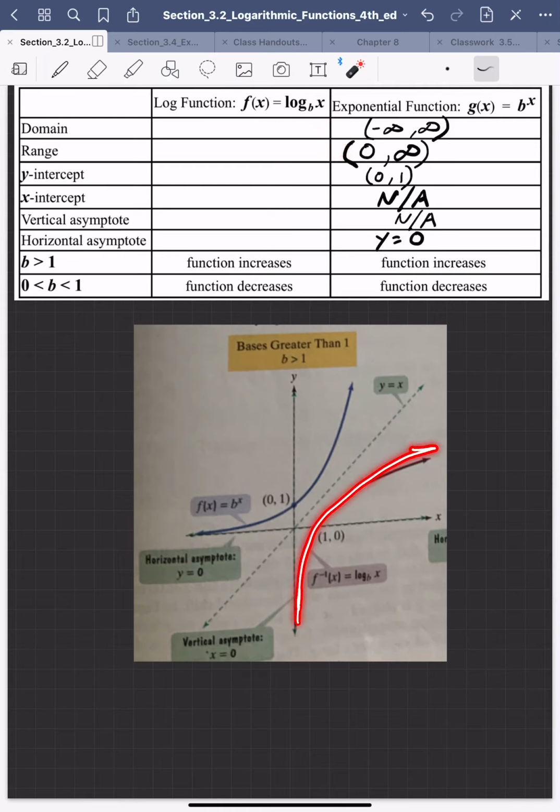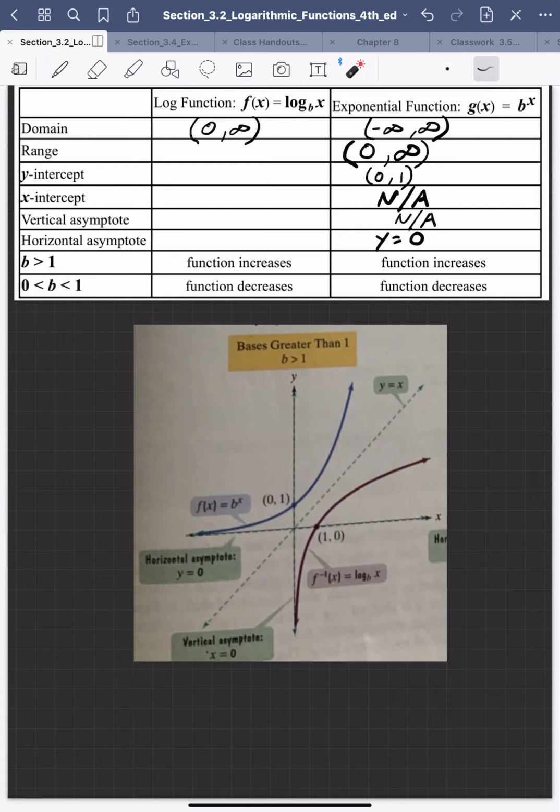And you can see that from this. We're now looking at this log graph. Do you see how this red line never crosses the y-axis? So you can't pick x as a negative number. Doesn't work. So that's why the domain is always going to be from 0 to infinity.